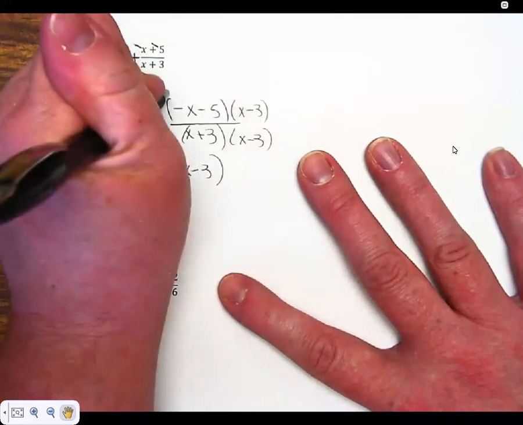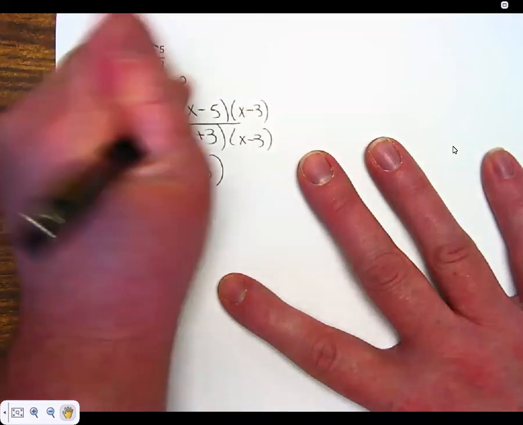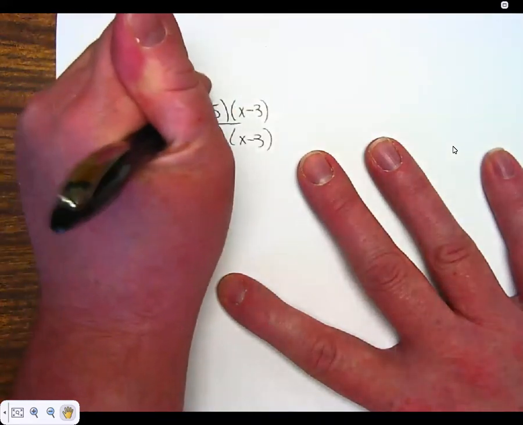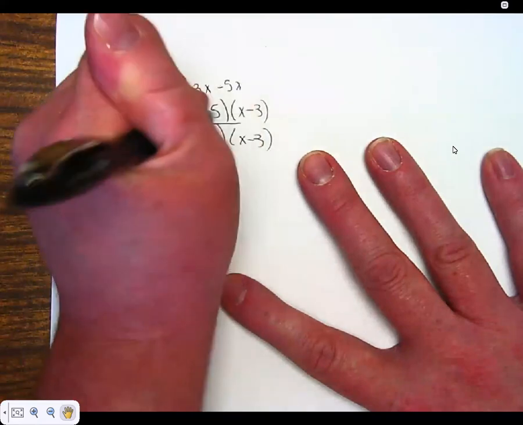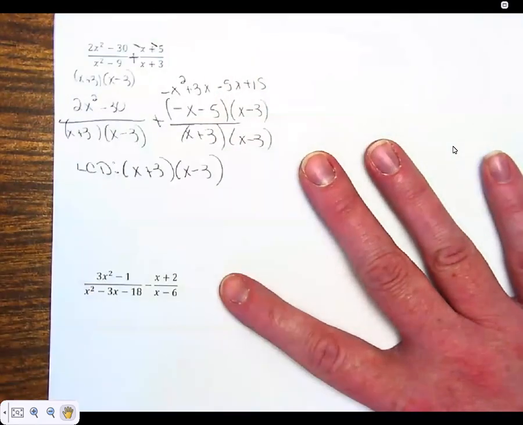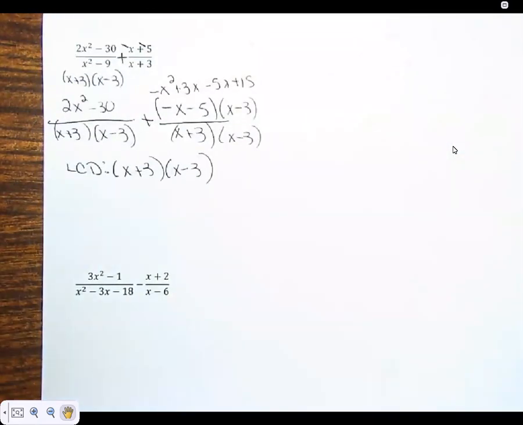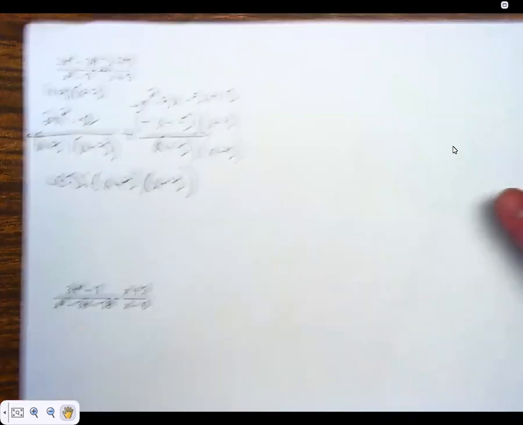So here you've got negative x squared plus 3x minus 5x plus 15. You could combine your like terms in there, but realistically, no one cares because when you put everything on top, you're going to have to do it then anyway.